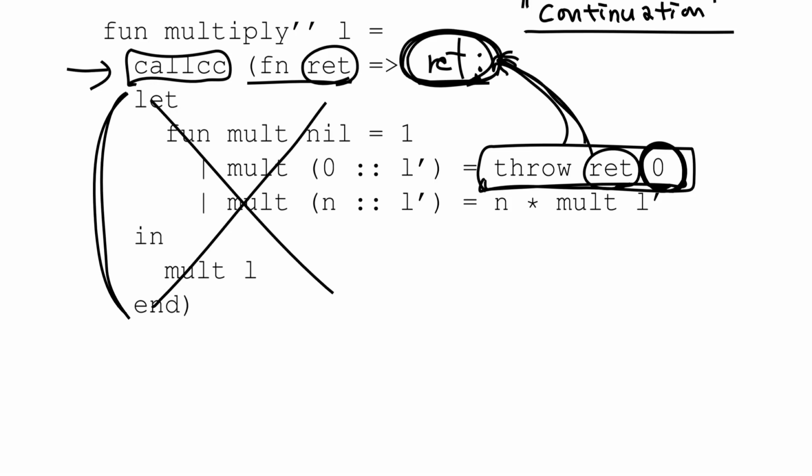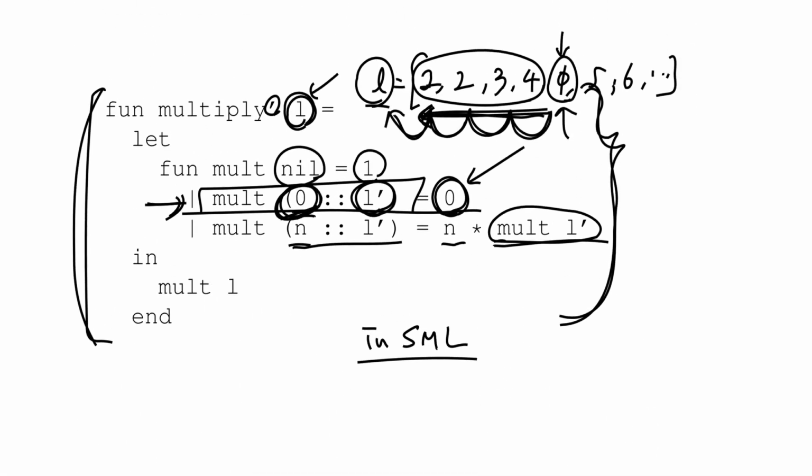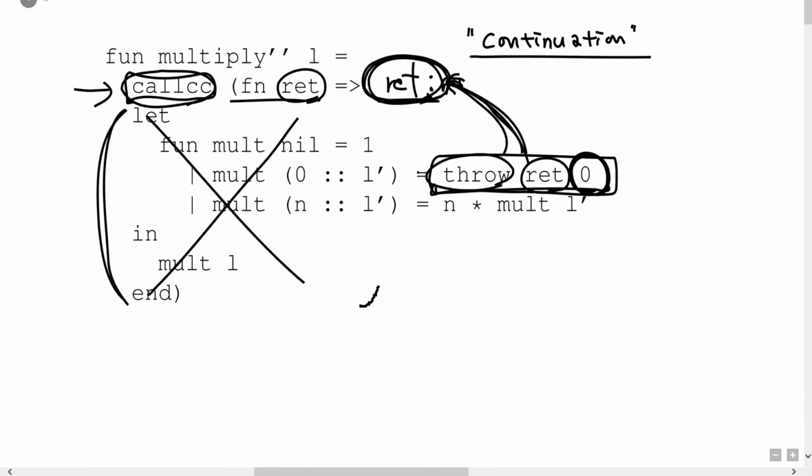So what these two constructs, callcc and throw, allow us to achieve is a non-local transfer that skips all these function returns. Compared with the previous implementation, where when we encounter 0, we still have to return from recursive calls as many times as there are elements before the first 0, in this case, let's say the list L is 1, 2, 3, 4, 0. We make recursive calls 5 times.